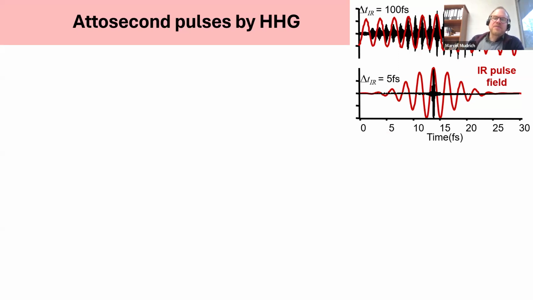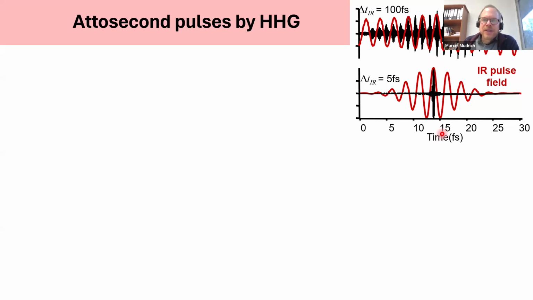Of course, a goal in many experiments is to produce one single isolated pulse, because such an isolated pulse would actually be shorter than a femtosecond. This opens a way of producing attosecond pulses. But the question is how to make sure that only one isolated attosecond pulse is produced.